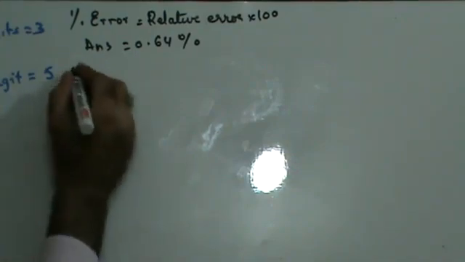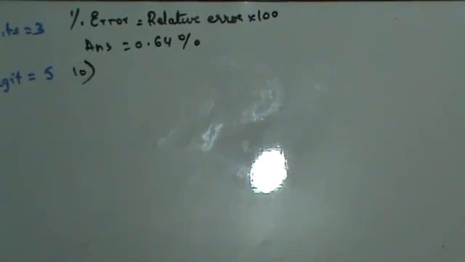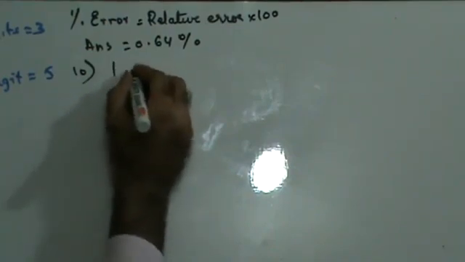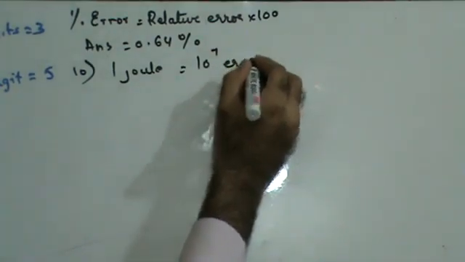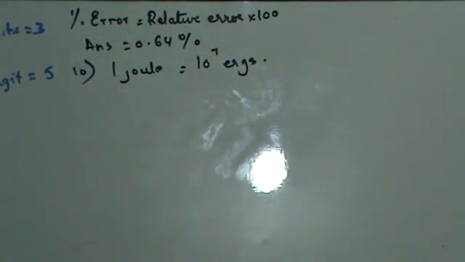Next, using dimensional analysis, show that 1 joule is 10 to the power of 7 ergs.